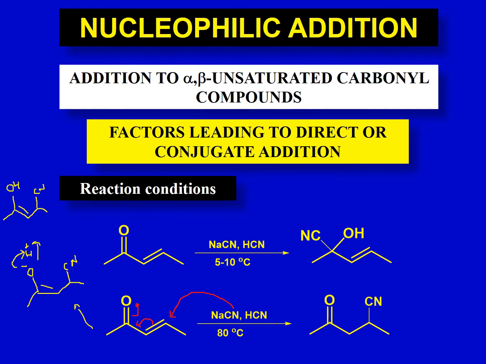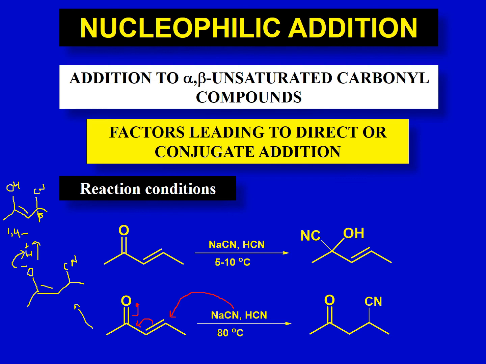Now you see that it's a 1,4 addition product because the hydrogen has got attached to the oxygen while the cyanide group has got attached at the beta position. So it's primarily a 1,4 addition product, or conjugate addition has taken place, and it's a thermodynamic product that is formed.